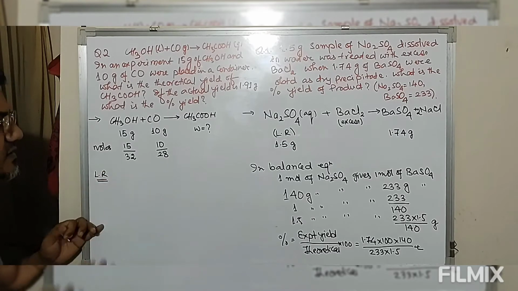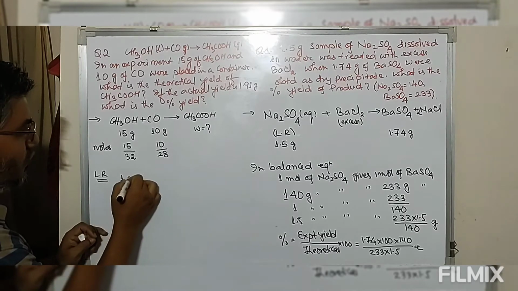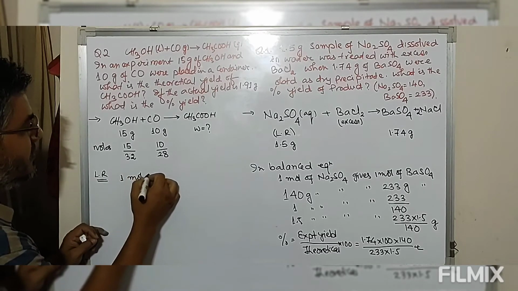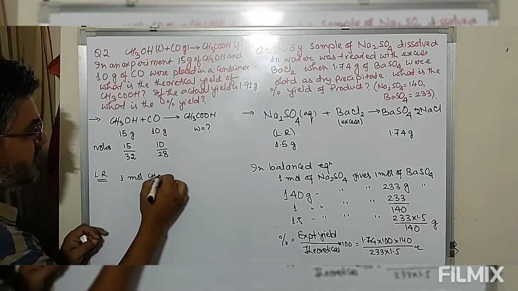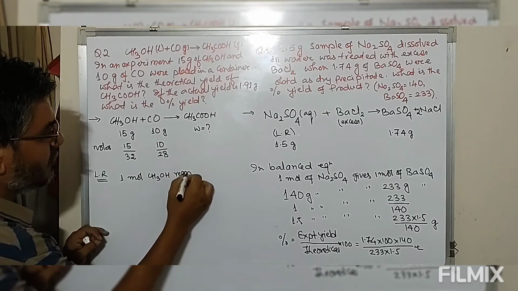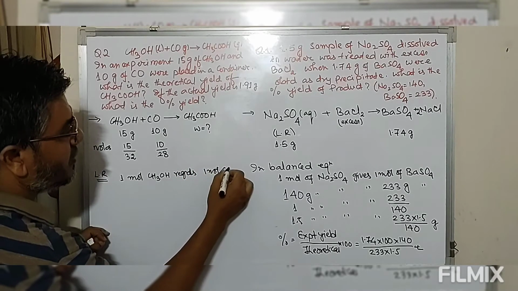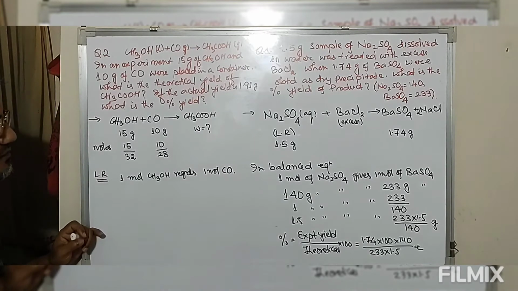So if you look at this, in the balanced reaction, 1 mole CH3OH requires 1 mole carbon monoxide.